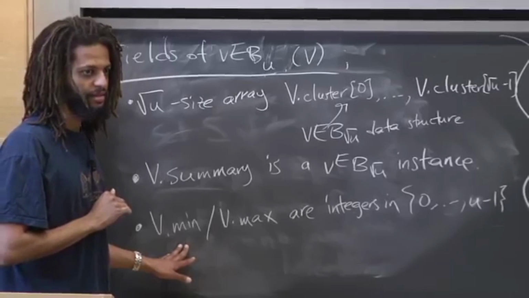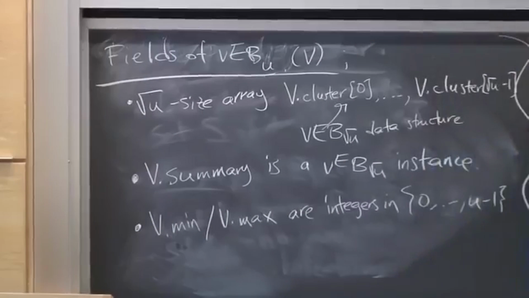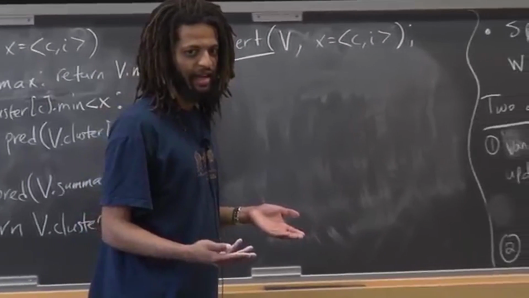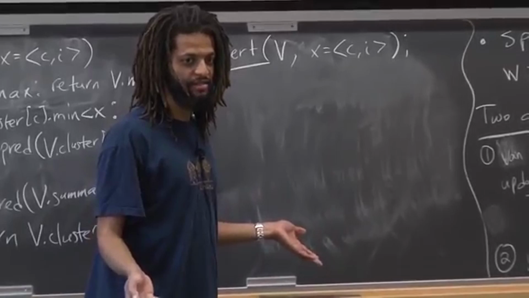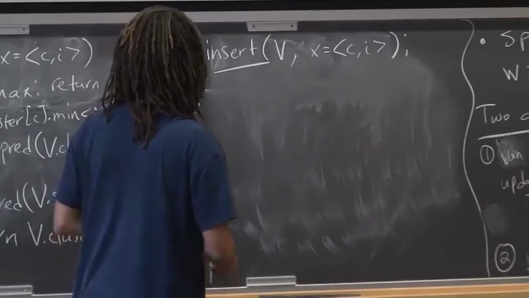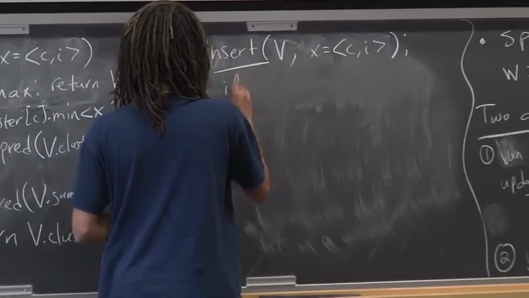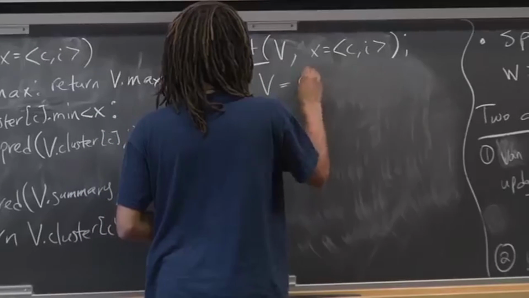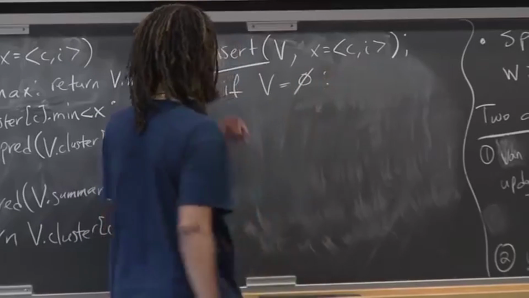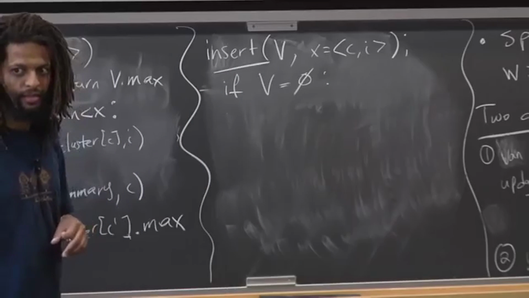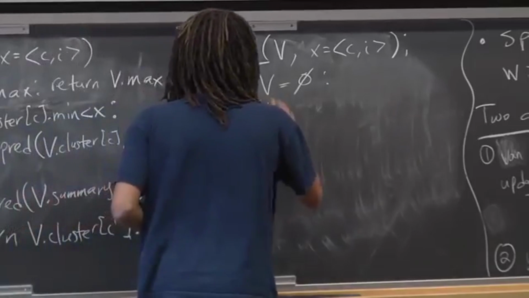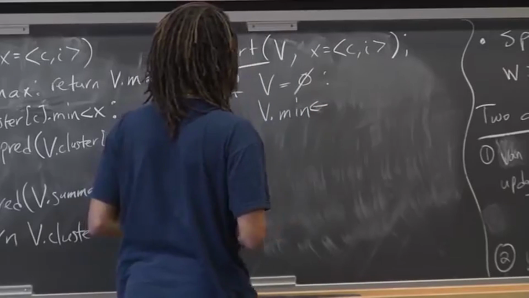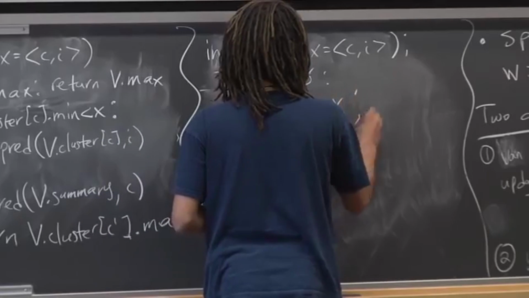So it could be that v.min is some non-empty value, and everything else in the data structure is empty. So if v is empty, v.min gets assigned to x, and then I'll return.